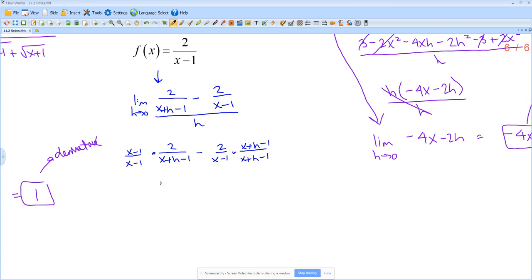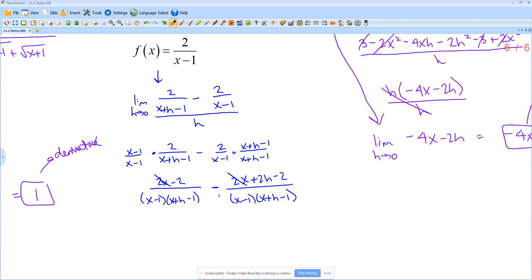So in this numerator, I will have 2x minus 2 over x minus 1, x plus h minus 1, minus, I'm multiplying out this one, 2x plus 2h minus 2 over, and again, that same thing, x minus 1, x plus h minus 1. Now remember that I am subtracting, so 2x minus 2x will cancel.